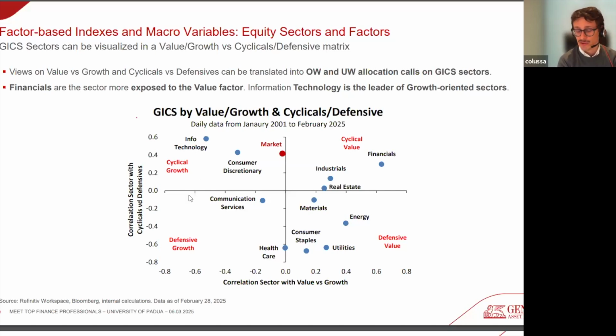And sometimes this also creates quite a turbulence. Why growth? Because if you remember from one of the charts before, in the past 15 years since the great financial crisis, growth dominated. Growth meaning information technology basically dominated for most of the last 15 years.